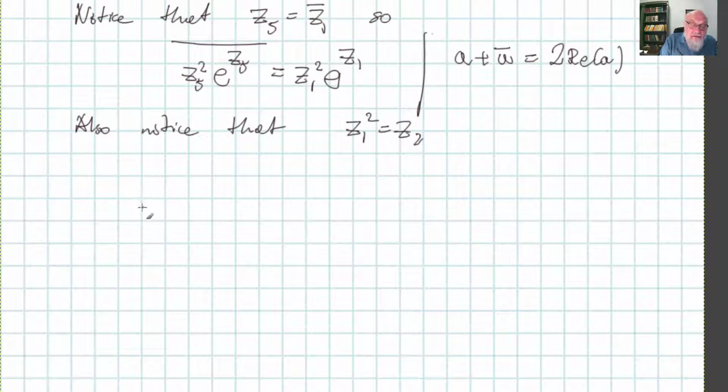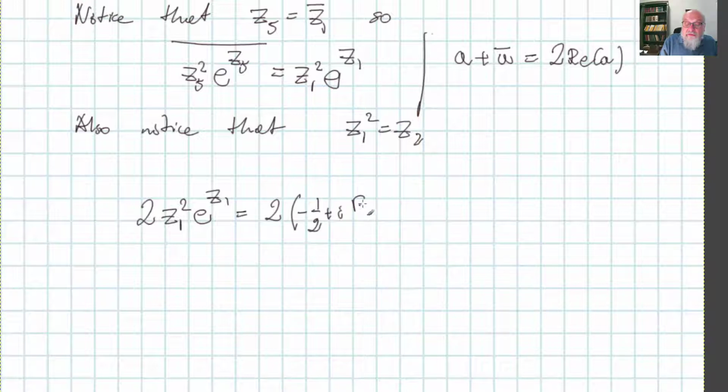Okay, write it down. This is 2 Z1 squared e to the Z1, which is equal to 2 times minus 1/2 plus i square root of 3 by 2, so this is my Z2, and then e to the 1/2 plus i square root of 3 by 2.